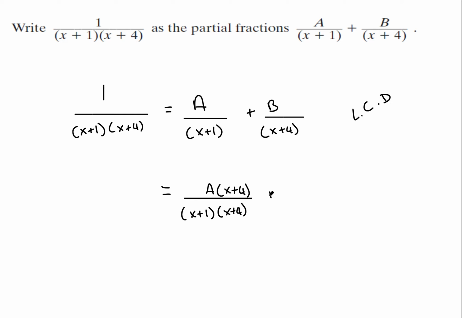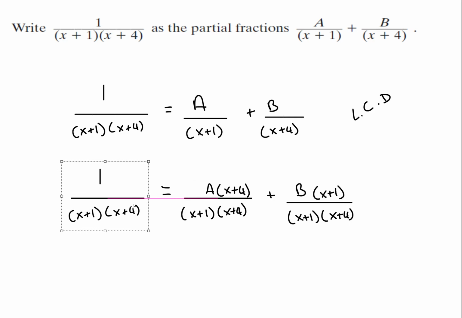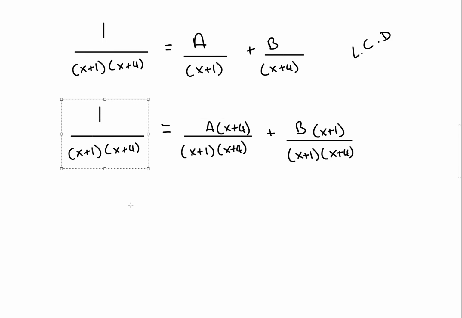I'm going to do the exact same thing for b, except when I multiply in here, I'm multiplying by x plus 1. So I'm going to multiply top and bottom by x plus 1, because that's the new addition to it. All of that is going to be equal to our 1 all over x plus 1 by x plus 4.